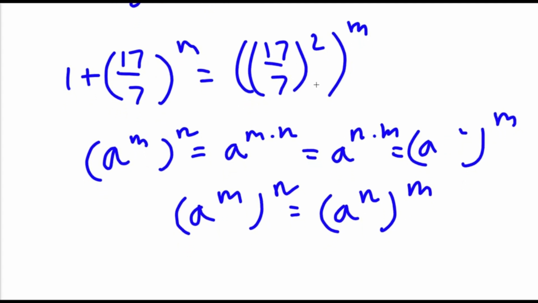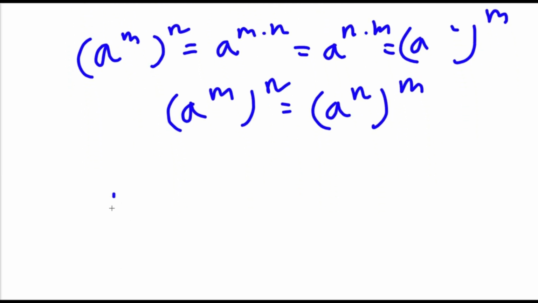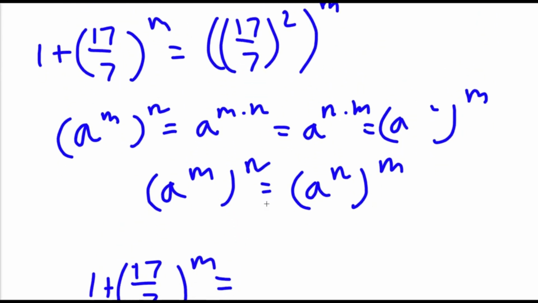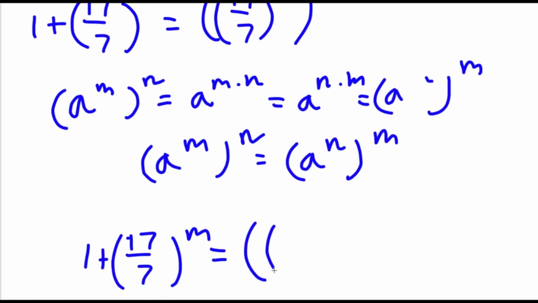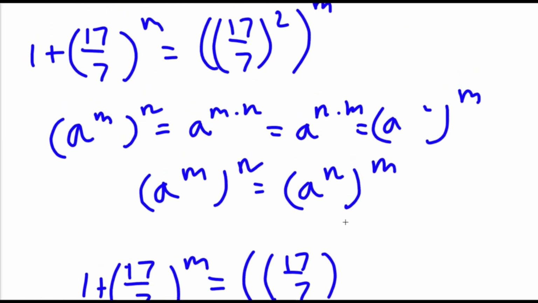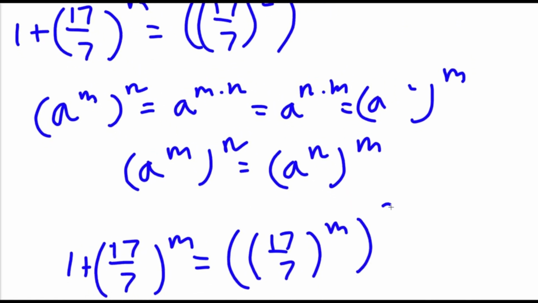So in this case, I have ((17 over 7) to the power of 2) to the power of m, and I could rewrite that as ((17 over 7) to the power of m) squared.